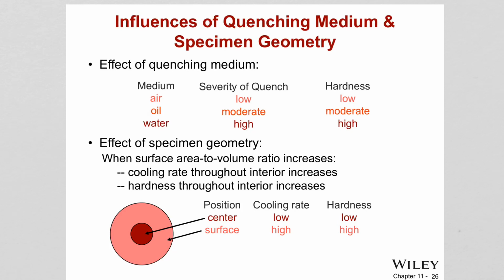Severity of quenching, I mean, is the rate of cooling. So the more rapid the quenching is, the more severe it is.